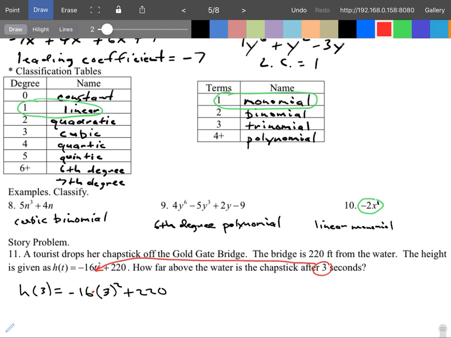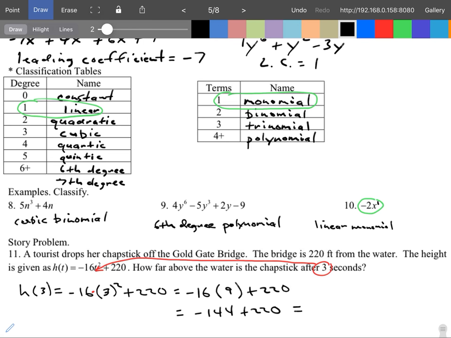Yeah, good. By order of operations, you have to do exponents before you multiply. So we need to do the 3 squared first. So we've got negative 16 times 9, since 3 squared is 9, plus 220. Negative 16 times 9 is negative 144, plus 220.